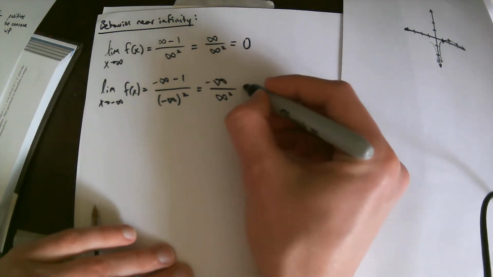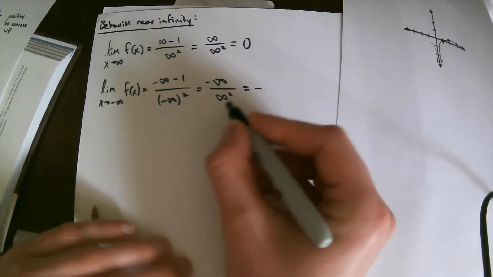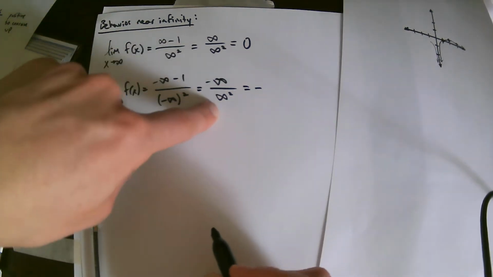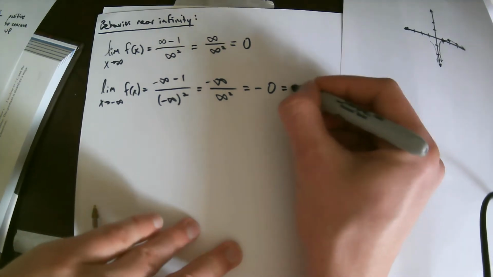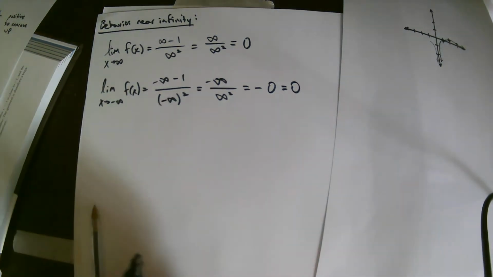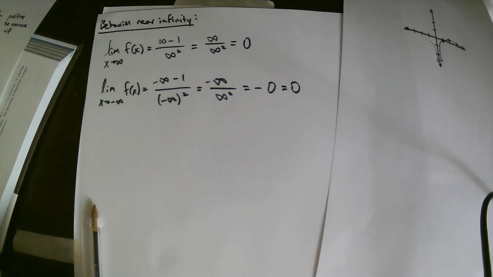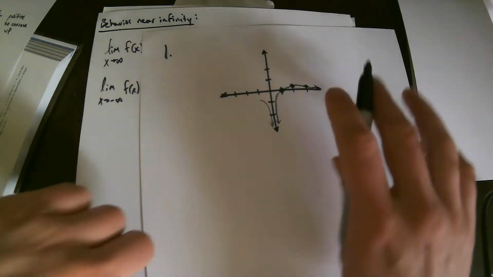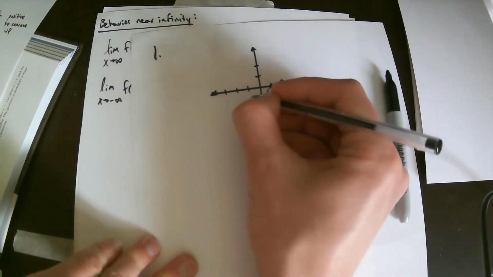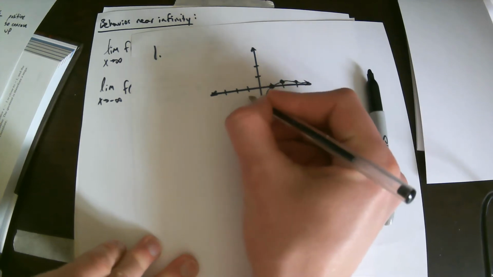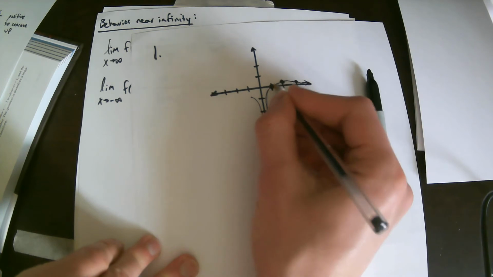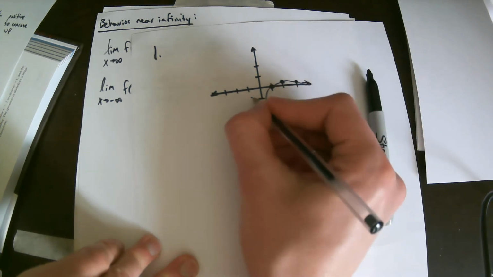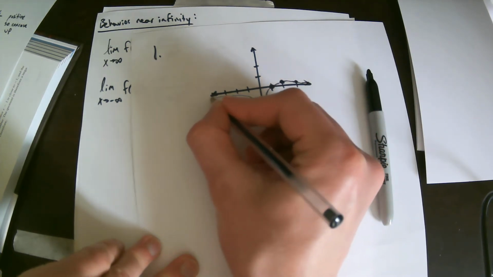So this minus sign is going to stick around, but infinity over infinity squared, remember the growth is stronger in the bottom, so I'm just getting 0, so negative 0, that is meaningless, it's just 0. So as we approach negative infinity for x, this graph is trying to get very close to 0, but it can never cross, right, because there's only one x-intercept. So it goes something like that.